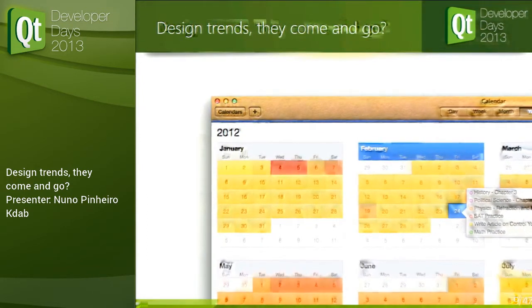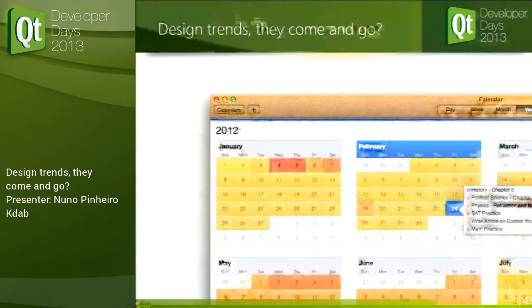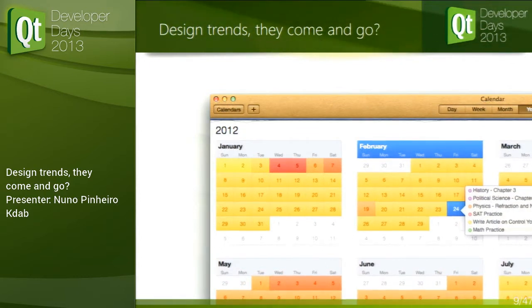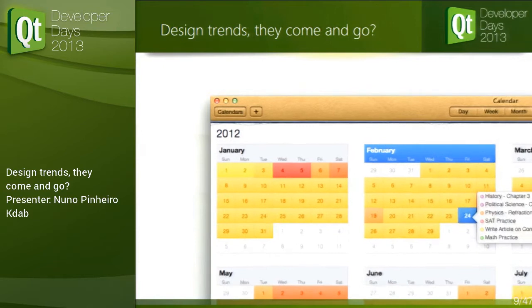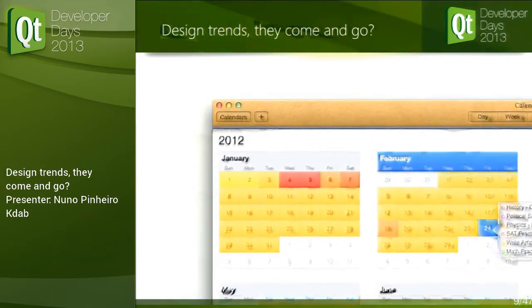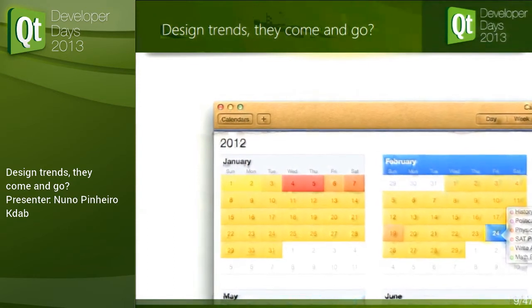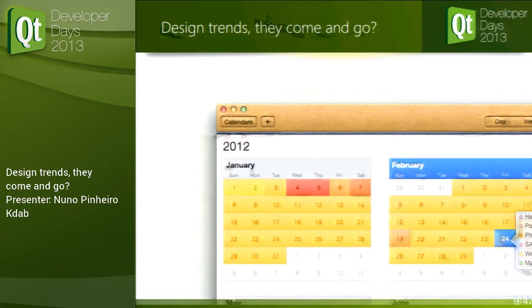Skeuomorphism is a big word that people like to use, and they use it sometimes without proper context. Skeuomorphism is a word that comes from physical design, from object design. It's every time someone would put, for example, a plastic coating over an object with a print of wooden anything.